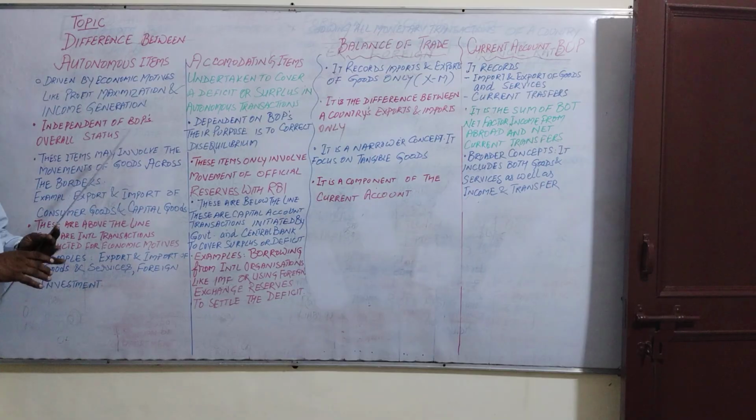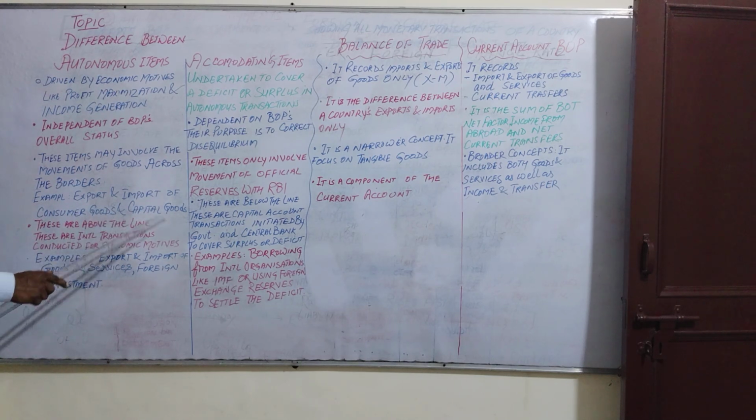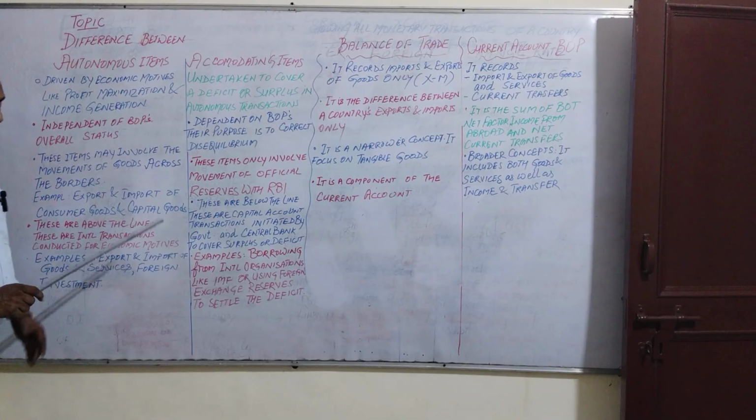Again, autonomous items. These items may involve the movements of goods across the border. These are visible items, for example, export and import of consumer goods and capital goods. These are above the line. Why are we calling it above the line?